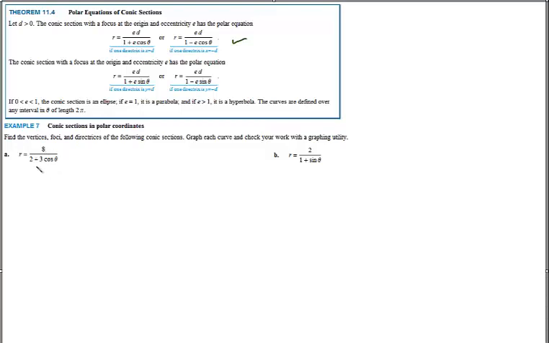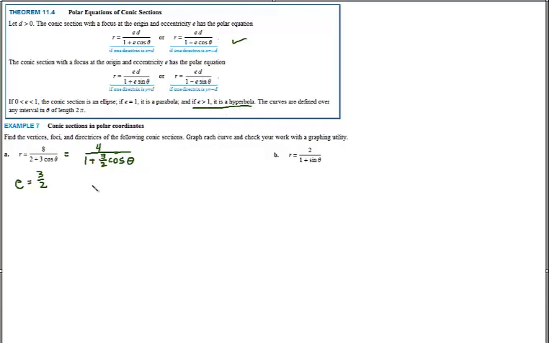I'm going to divide top and bottom by 2, so that'll be 4 over 1 plus 3/2 cosine theta. That means my e is then equal to 3/2. Since my e is 3/2, that is greater than 1, I know that I have a hyperbola. Okay, so I've got a hyperbola.